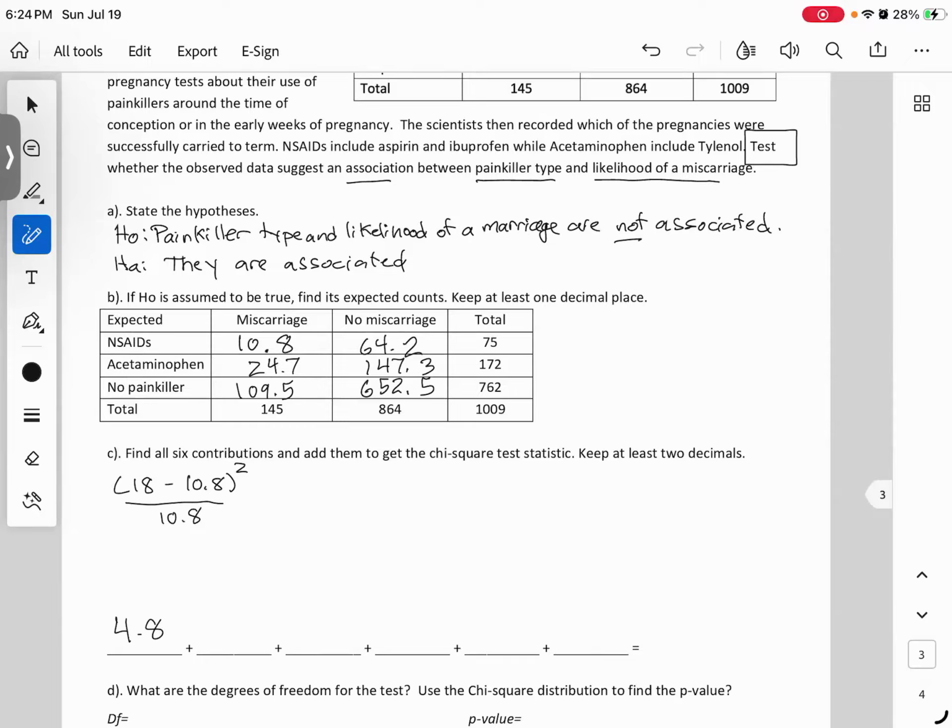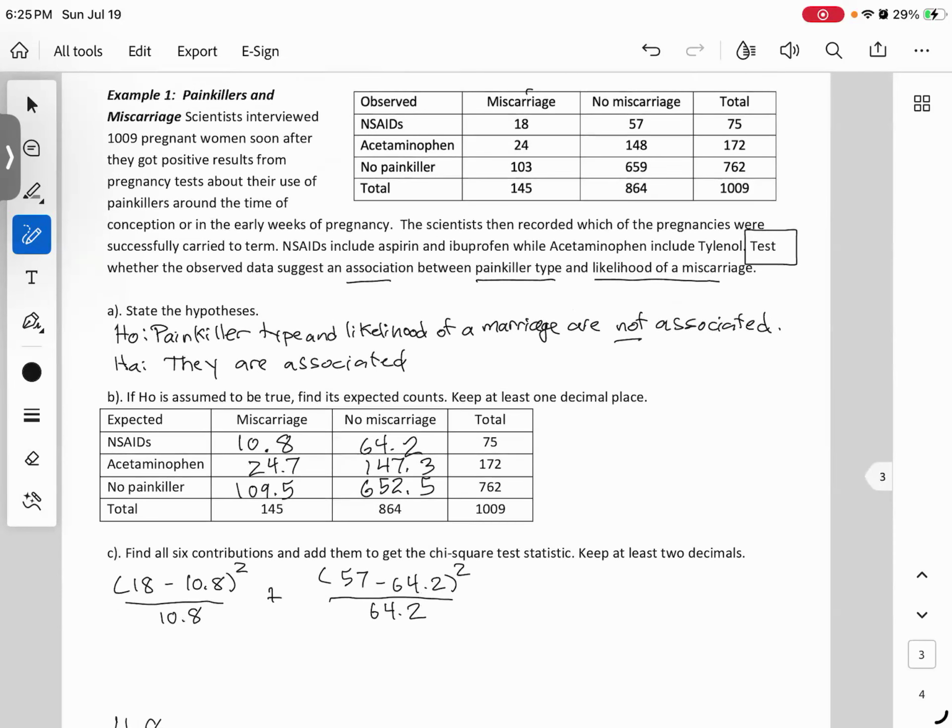Now I left white space here so that you can, if you need to, it's not required, use it as a spot to set up each of the formulas. Maybe writing it out helps to see it before we put it in the calculator.